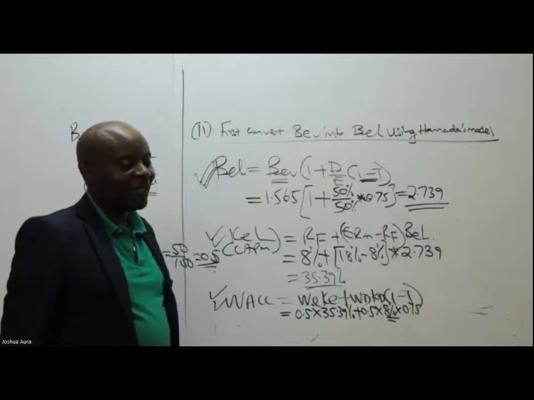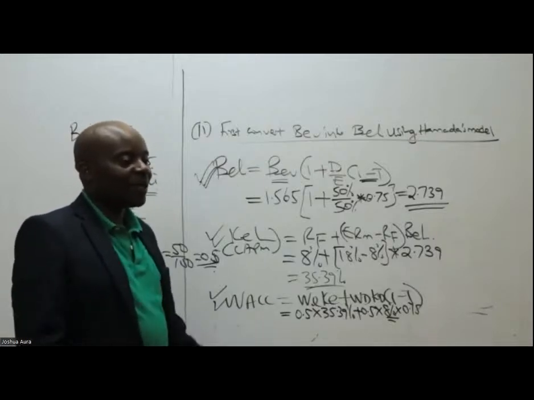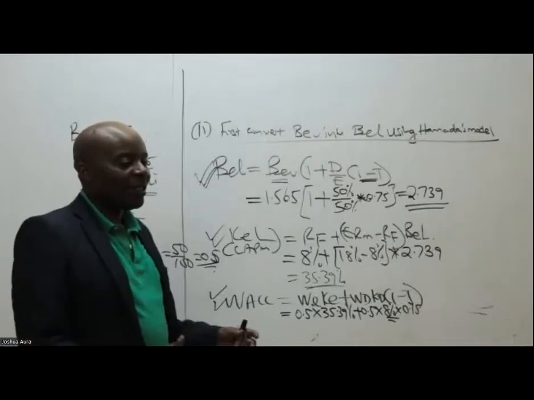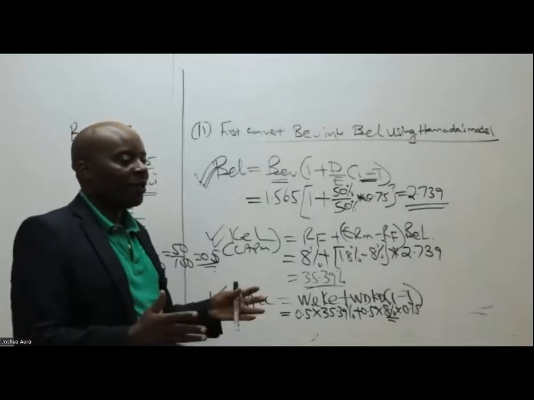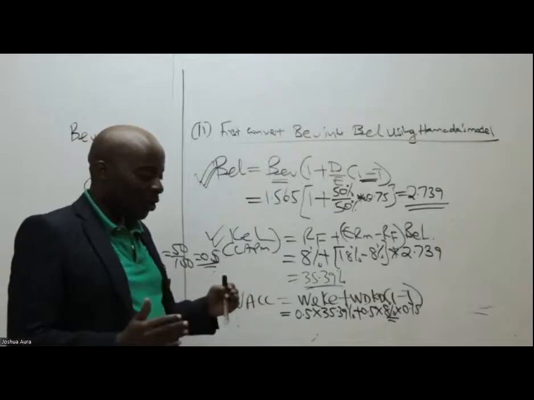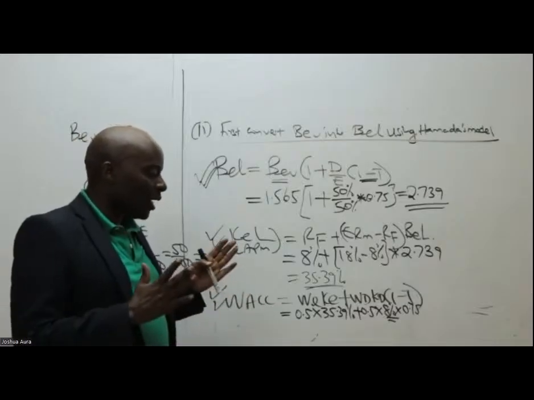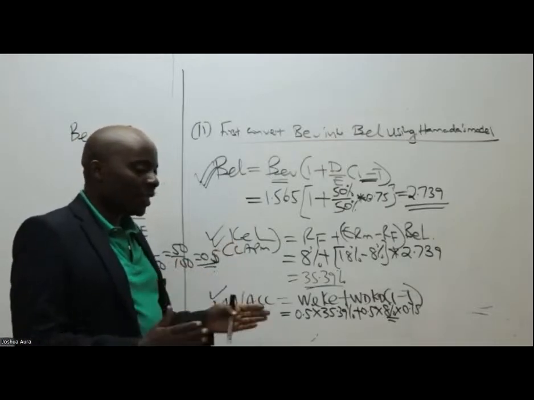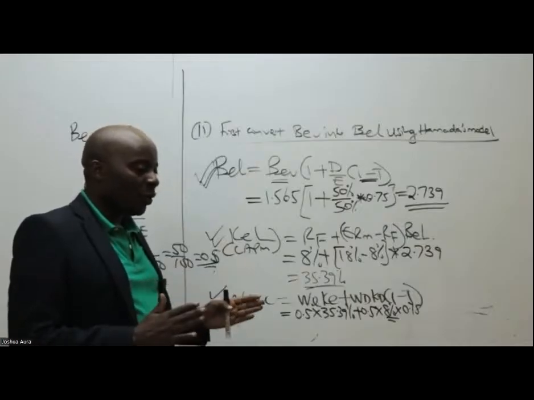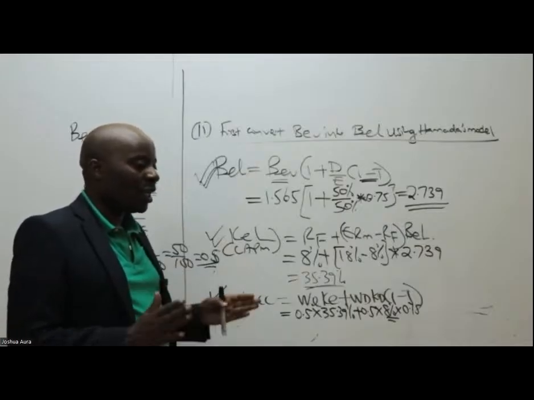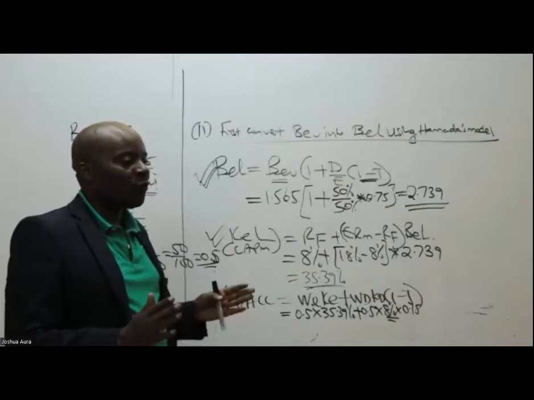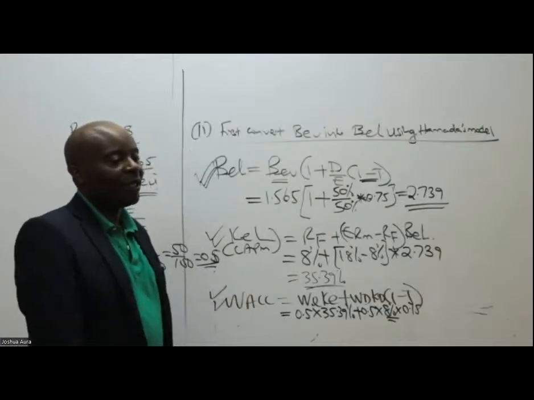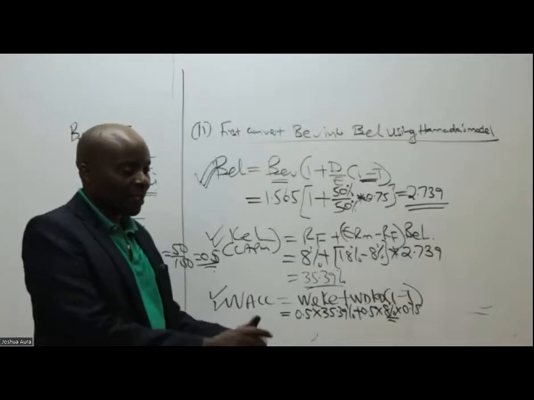A risk-free rate. Because debt, in most cases nowadays, is secured. Debt is secured, has collateral. So in the event that cost of debt has not been provided, always take it to be the same as risk-free rate of return.